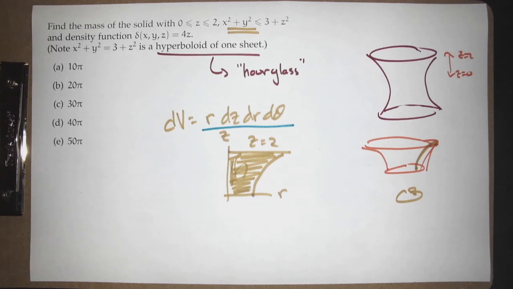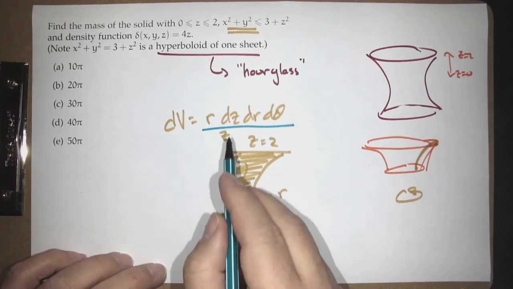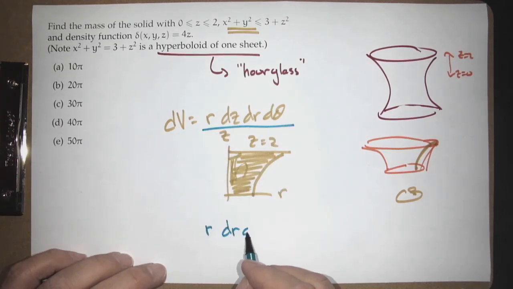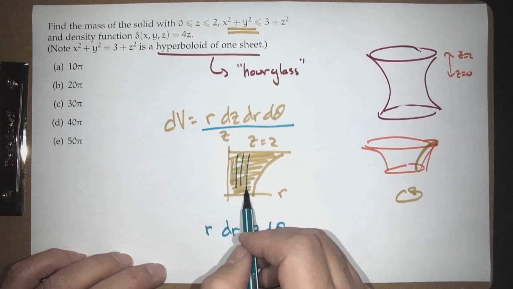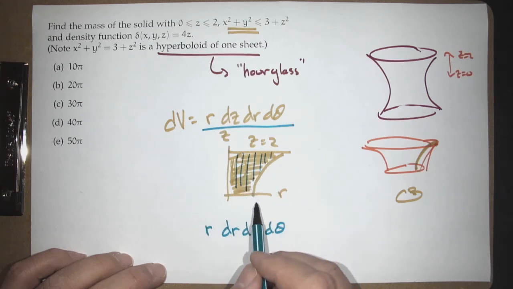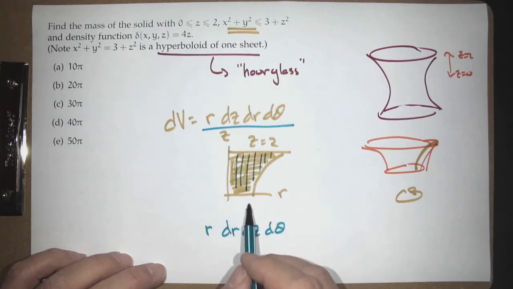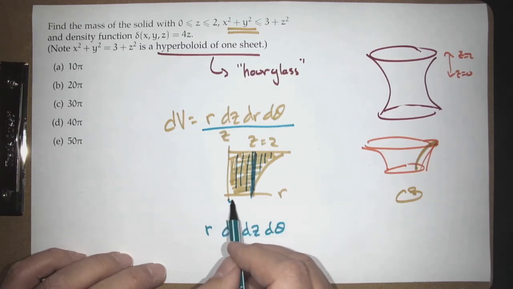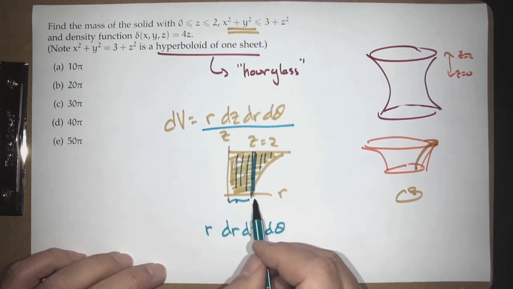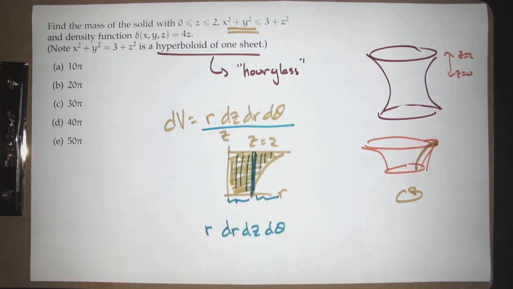Sorry, what? dr. Yeah, you don't have to go dz dr d theta. You can go in any order. Why would dr dz d theta make more sense? Well, if you do dz dr d theta, you have to go up and down. What's the issue? There's a change in behavior where you have one type of behavior, then another type of behavior.